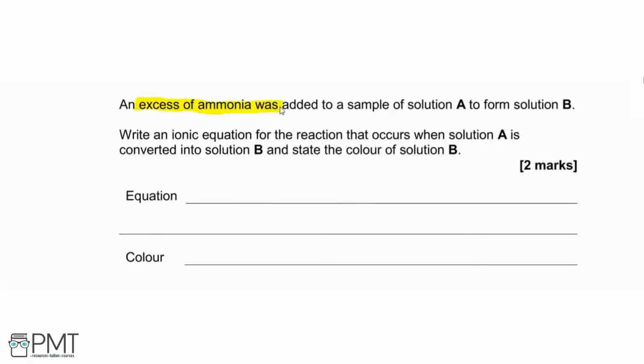An excess of ammonia is added to a sample of our solution A to form a solution B. And for this question, we need to write an ionic equation for the reaction that occurs when solution A is converted into solution B, and we need to state the colour of solution B. So recalling that our solution A was that transition metal complex, if we're forming a solution B upon addition of excess ammonia, this is going to be an example of a ligand substitution reaction.